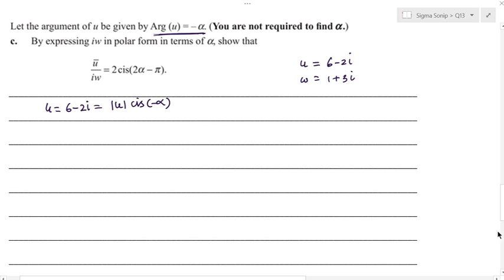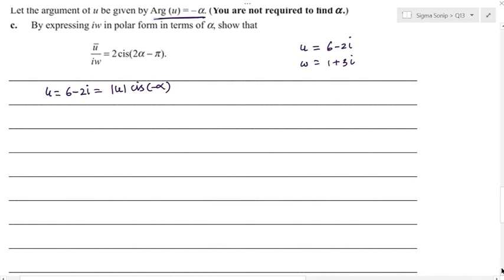Let's scroll up a little bit and draw a line, dividing this area into 2 so that we can work on it. Okay, so iw is equal to i times (1 plus 3i).